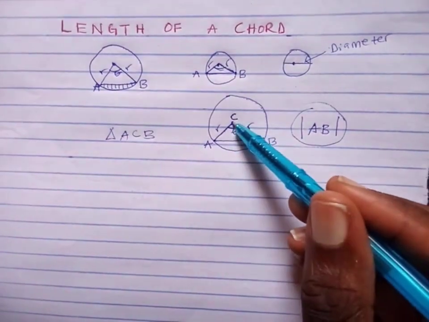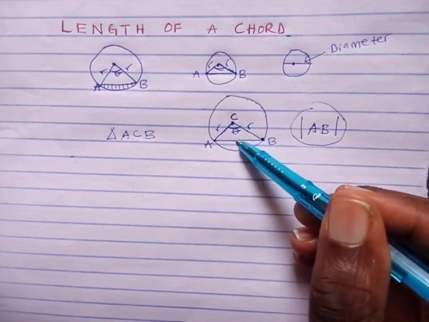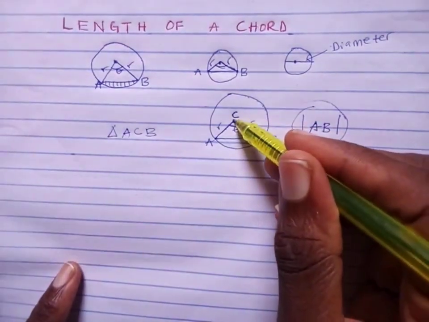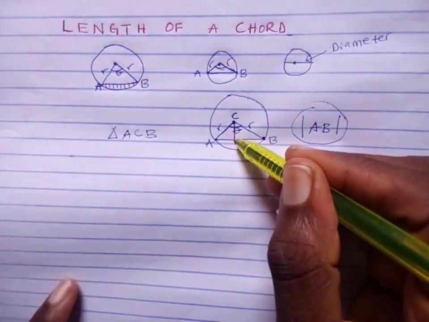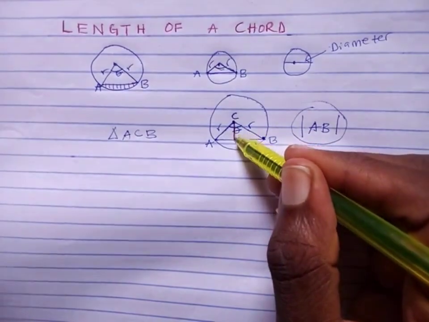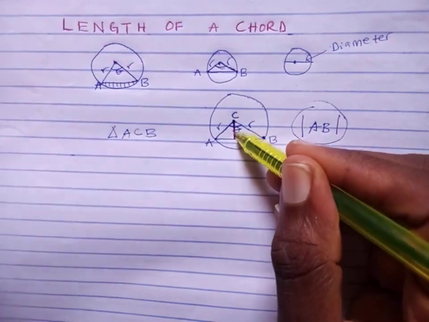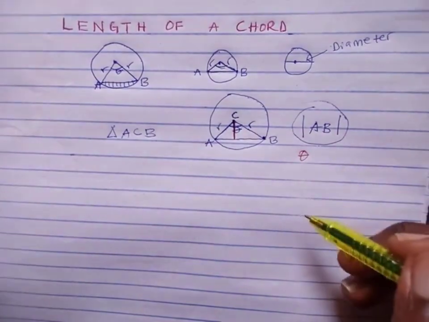So I will rule a perpendicular line from the center to this very point. Look at this very line. This line is a perpendicular line. And because it is a perpendicular line running from the center, it will bisect angle theta into two.